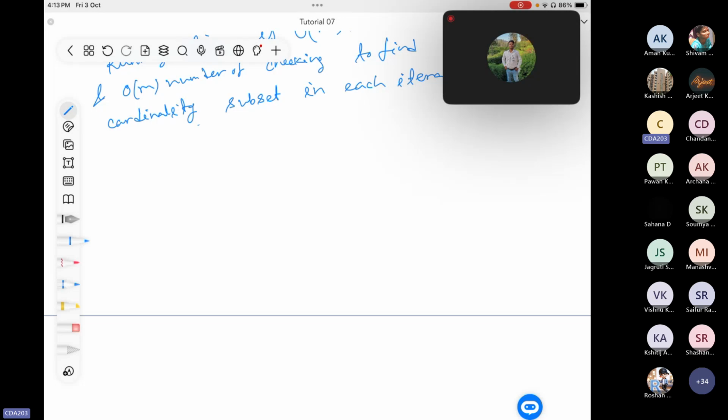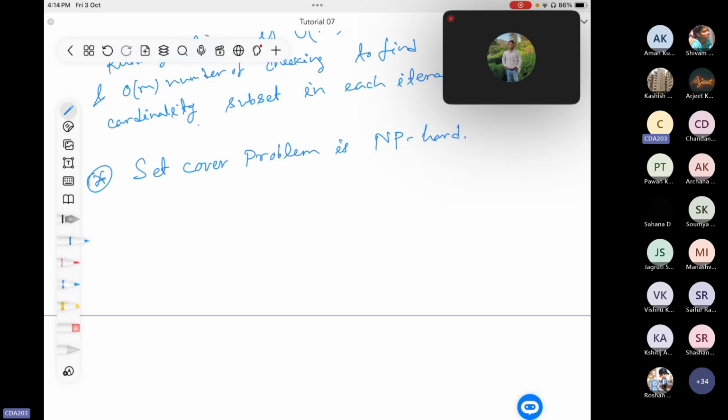There is another important note that I told you in the beginning: the set cover problem is NP-hard. NP stands for non-deterministic polynomial time.